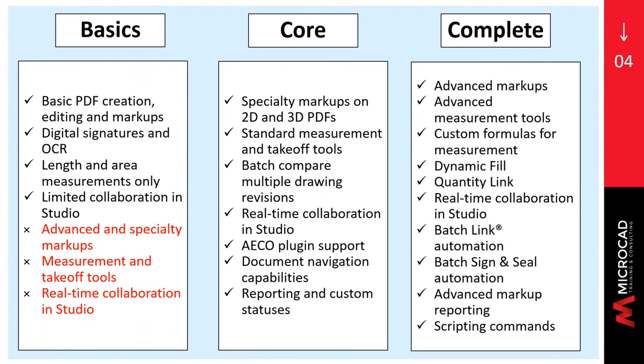There are a couple of tools that we are not going to be able to use, such as advanced and specialty markups, right? The measurement and advanced takeoff tools, we are not going to be able to use them, and as well the real-time collaboration within Studio. So those are just a couple of things that we are not going to be able to do with the basics, right?